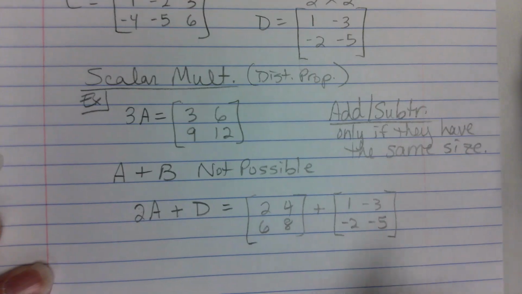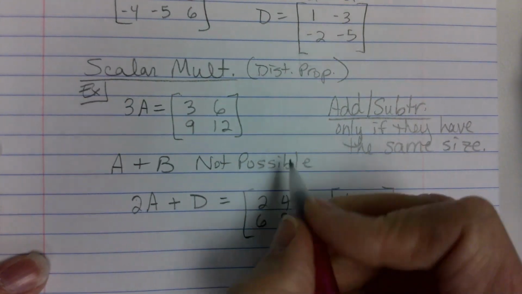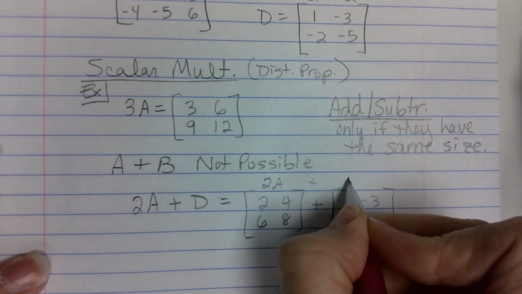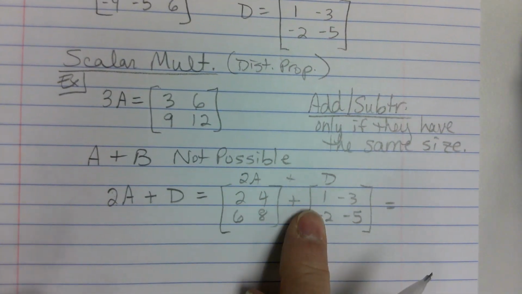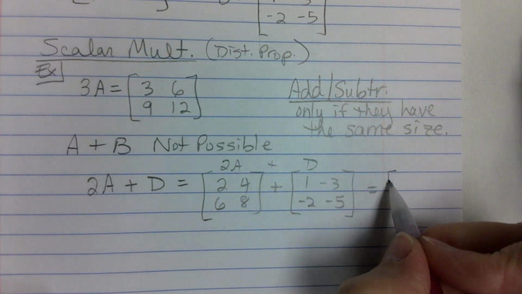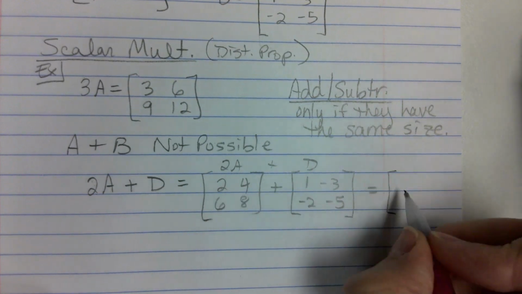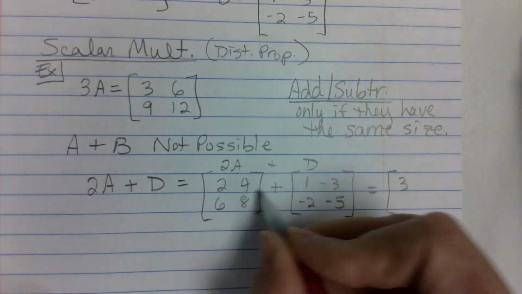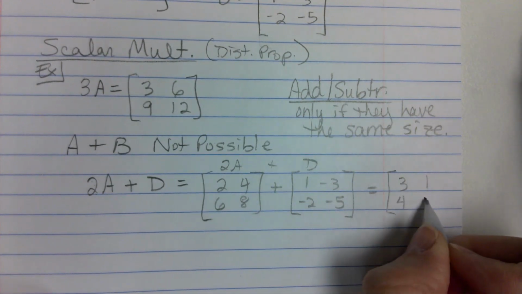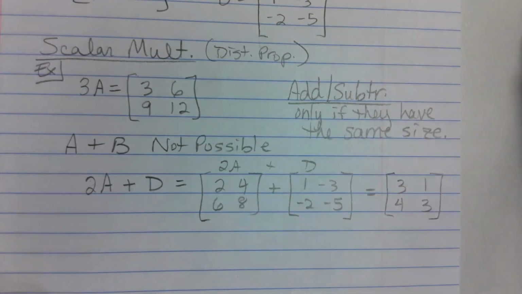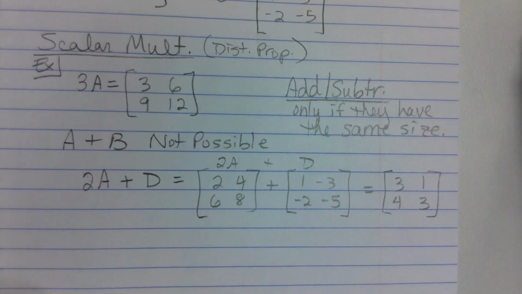So literally I'm just writing out, this one is 2A, this one is D, and term by term, we add them. That's how you add matrices. It's the easiest thing. 2 plus 1 is 3, 4 plus negative 3 is 1. Everybody following that? It is that easy.